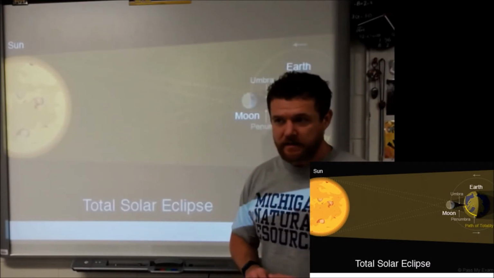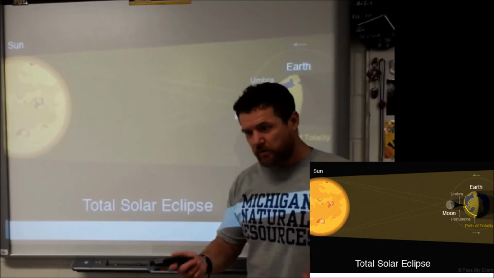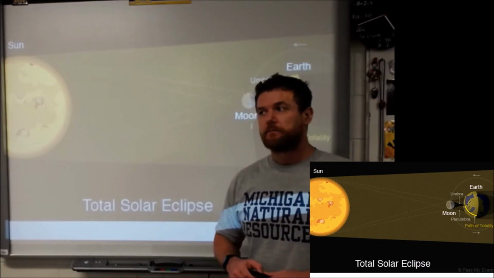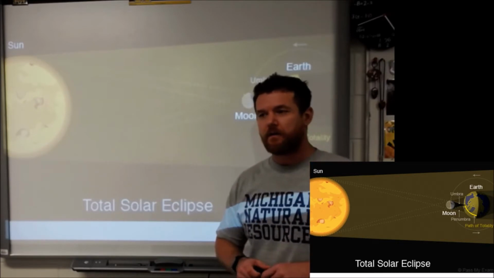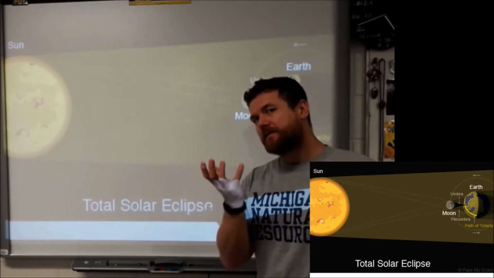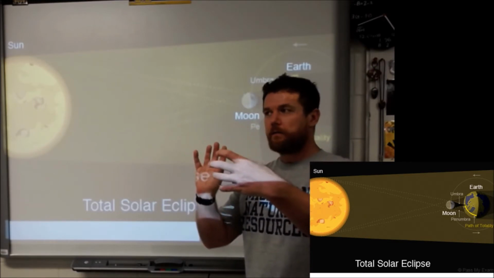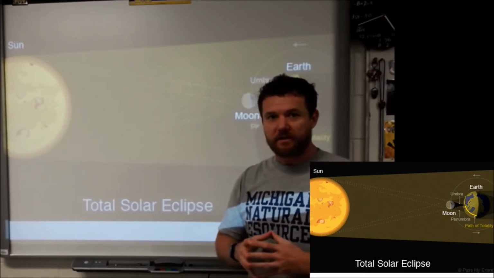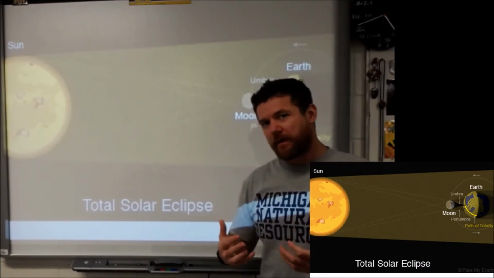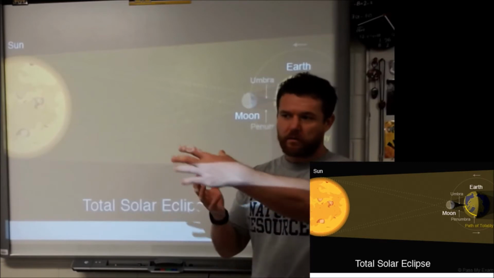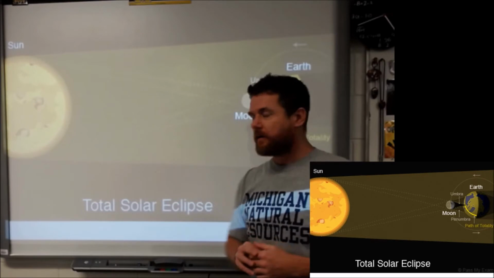Another thing that you guys need to know is what's known as the path of totality. If you have a total eclipse, all of the sun is being blocked. But as the moon is in front of the sun, Earth is rotating. As Earth rotates, that shadow is going to fall on a different part of the Earth's surface each minute. And what ends up happening is that shadow will move across the surface of planet Earth because Earth is rotating.